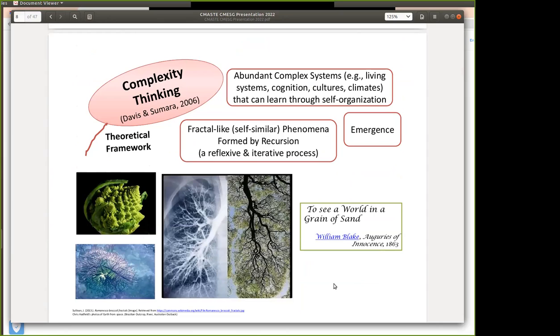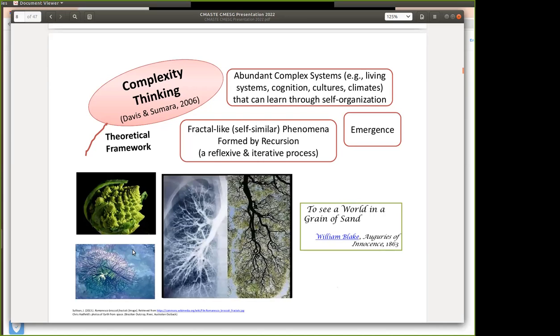Example complex systems include living systems, cognitions, cultures, knowledge, and climates. And a complex system can only emerge with its new order. Its future cannot be pre-decided. And that's kind of what we see in children, how they grow, and how knowledge develops too.